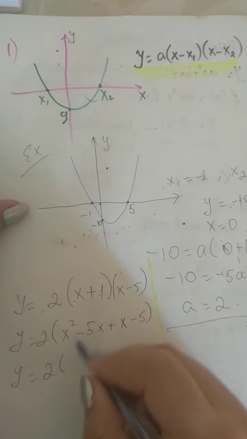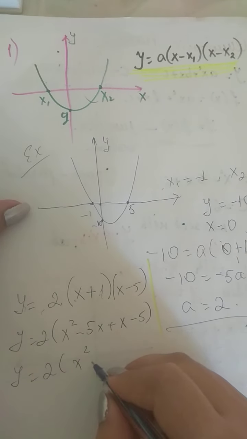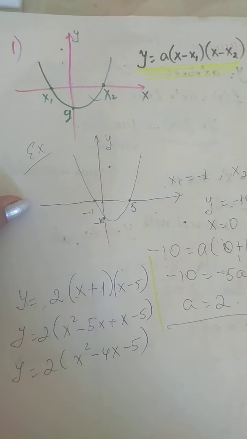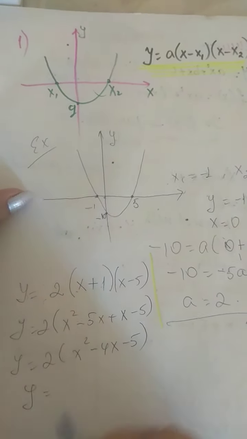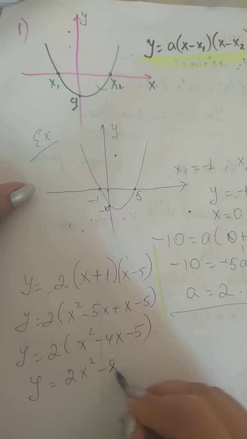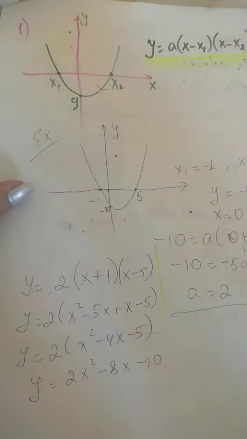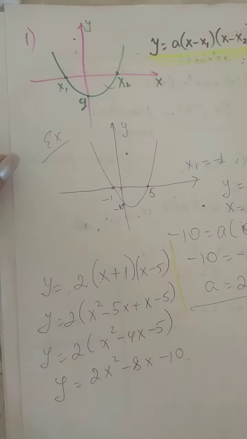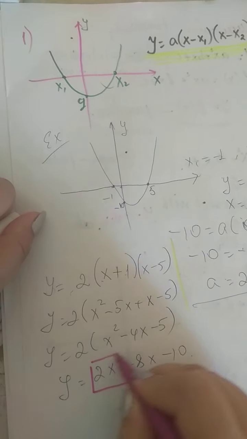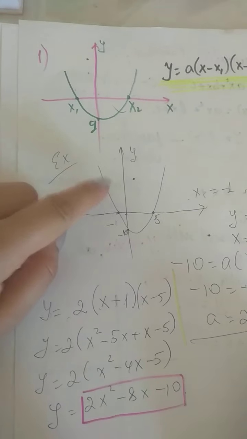Then y is 2 multiplied by (x squared, simplify, -5x plus x is what? -4x minus 5). So good. Then 2 multiplied by x squared, 8x minus 10. That's it. So it is going to be your final answer, the standard form of this graph.